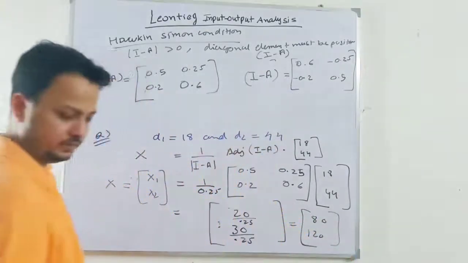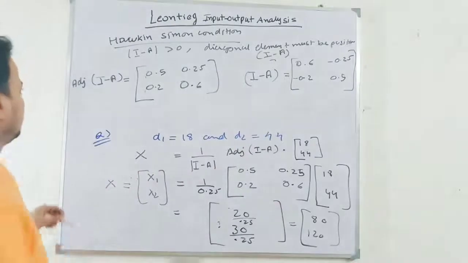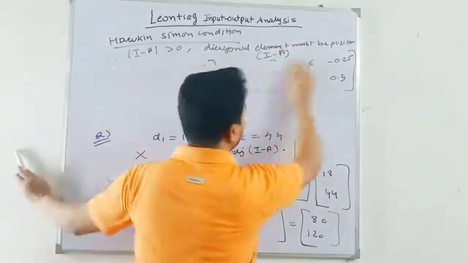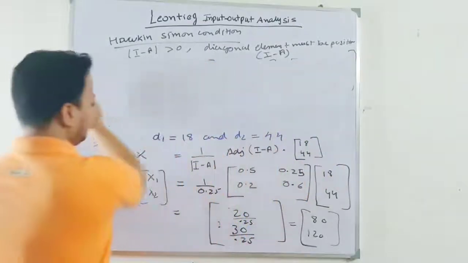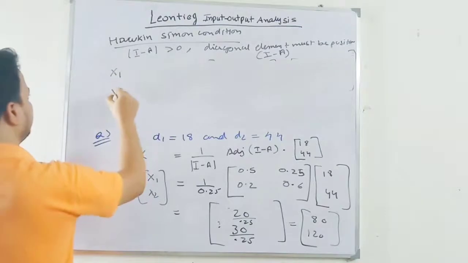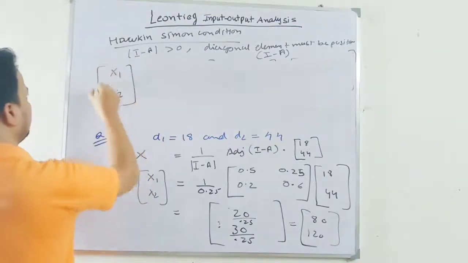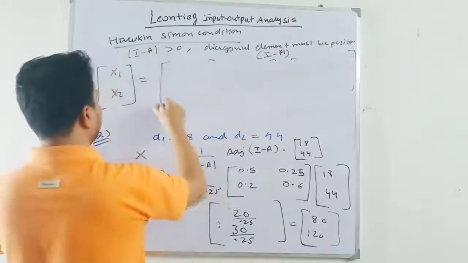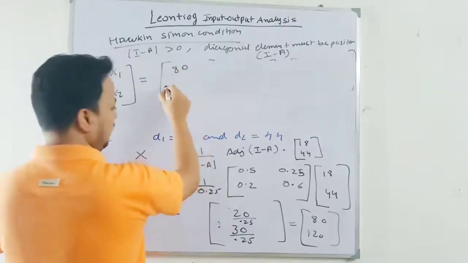Okay. So I rub this thing off. So your demand X1, X2 is 80 and 120.